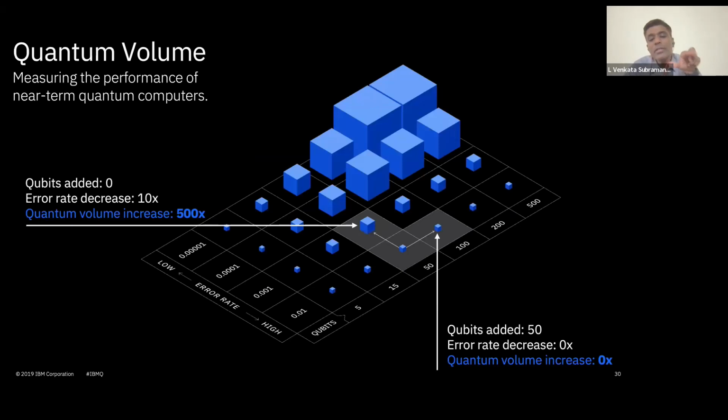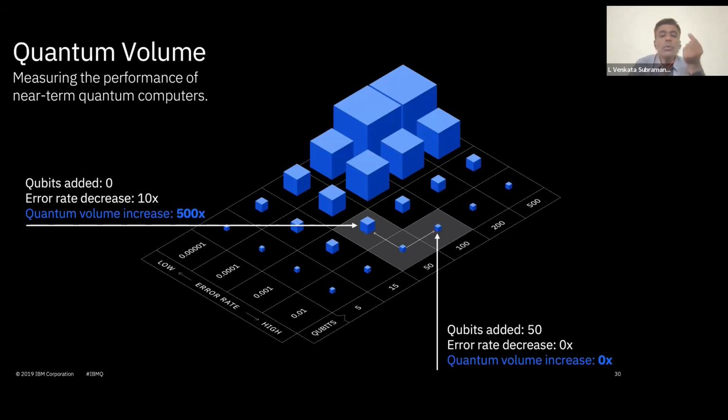Quantum volume is a function of the error rate and also the number of qubits. You can keep increasing the qubits, but if the errors on the qubits are high, they are of no use. So quantum volume measures how effective your quantum computer is at running quantum circuits. Is the error rate low? Is the number of qubits high?